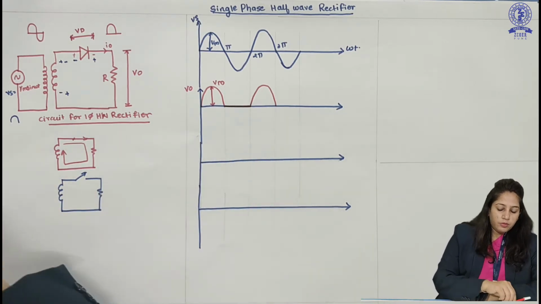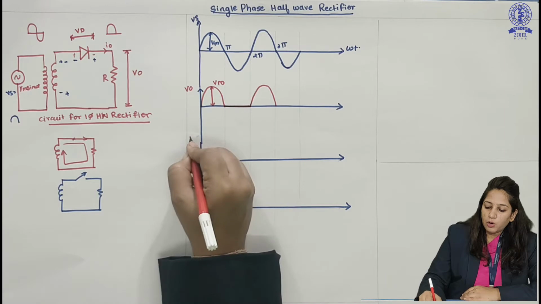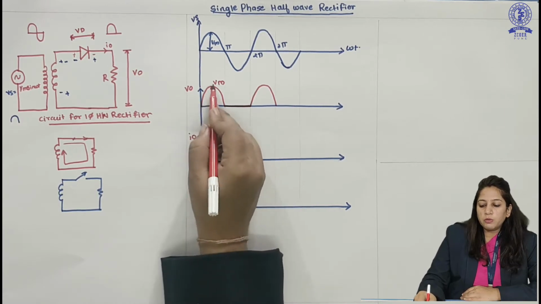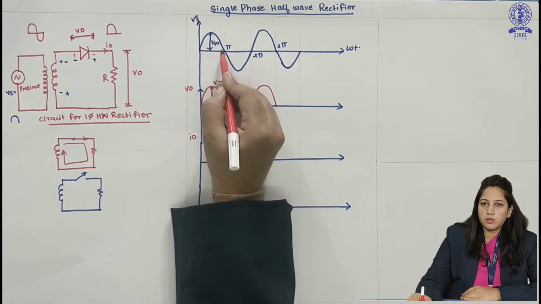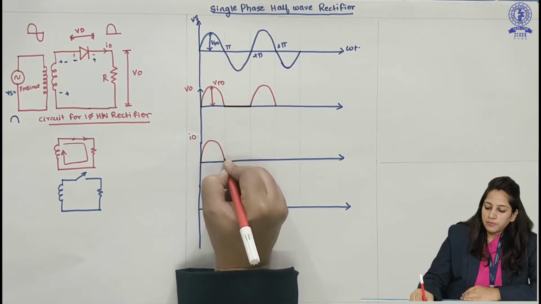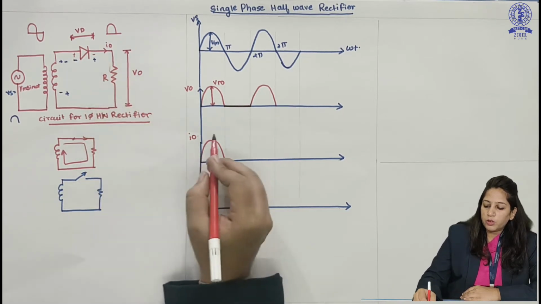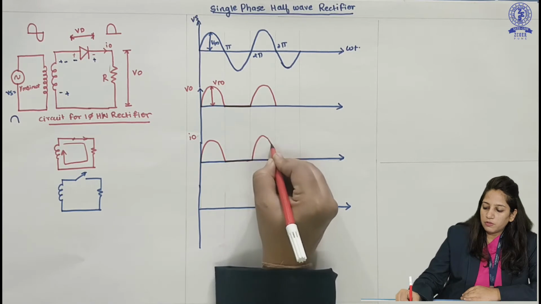Now suppose this is the output voltage. We will see what the output current will be. The output current wave shape will be the same as that of the output voltage, or the positive side of the input voltage. So the current will flow for the positive side, it will be 0 for the negative side, and again it will flow for the positive side.